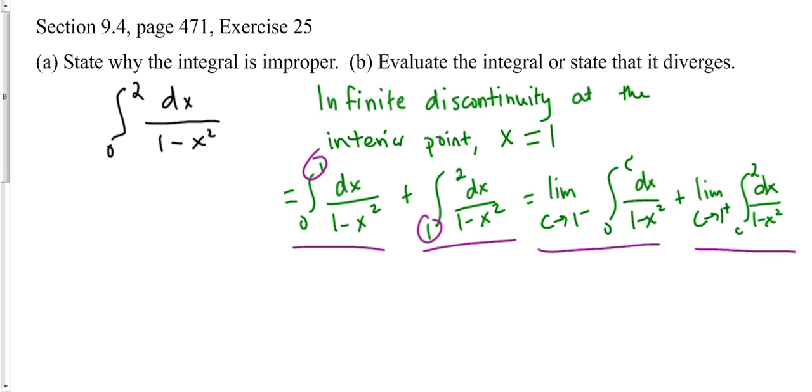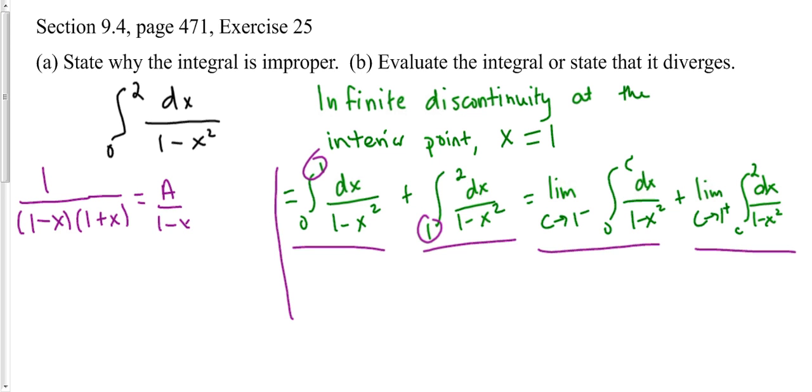I think we're going to have to use partial fraction decomposition. So I want to start by factoring the denominator, and I'm going to get 1 minus x times 1 plus x. And of course, I'm going to break that into two fractions: A over 1 minus x plus B over 1 plus x. And then I want to get a common denominator again of 1 minus x times 1 plus x.